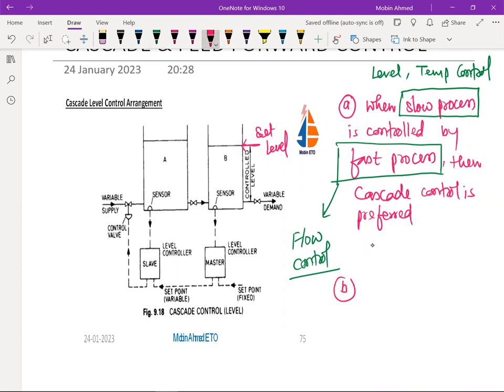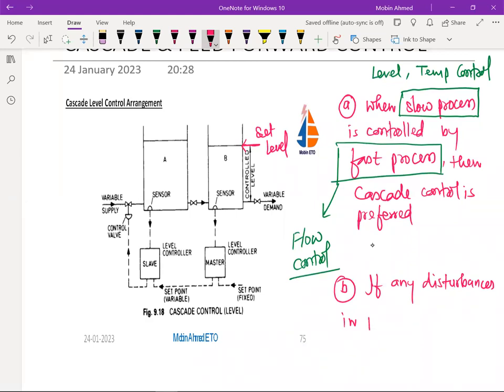Okay, and second is that if any disturbances in this B or final, where it is going to be in the level controller, that is the master level controller or primary.